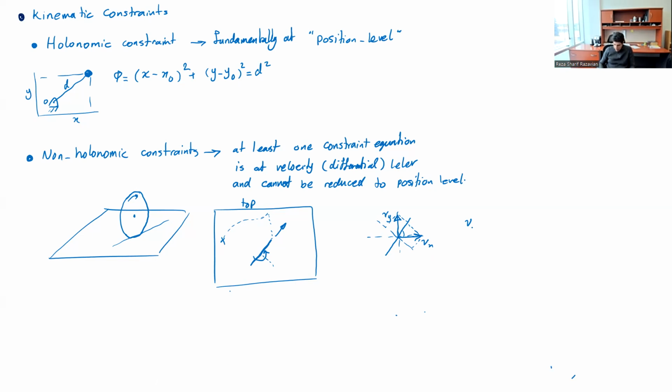So I have Vx times the sine of theta, the orientation of the wheel, sine of theta minus Vy cosine of theta. This is the velocity in the normal direction. So this is the normal.